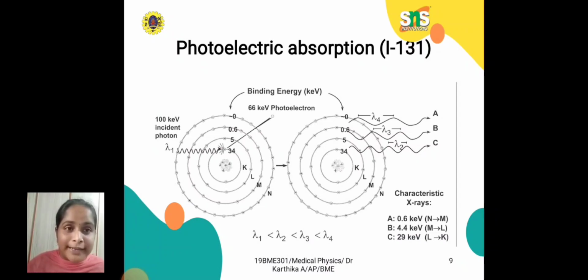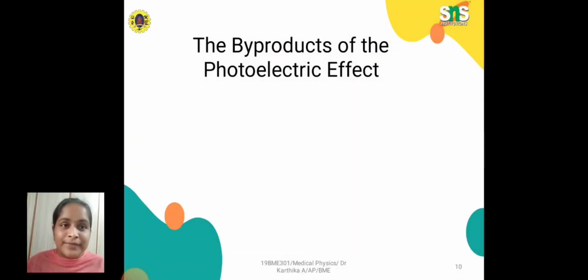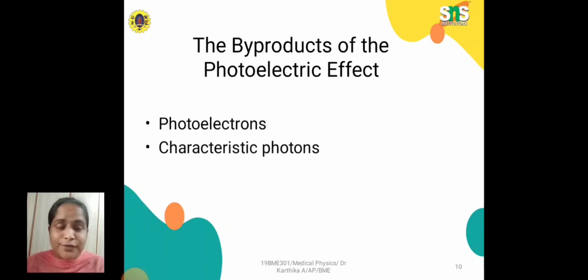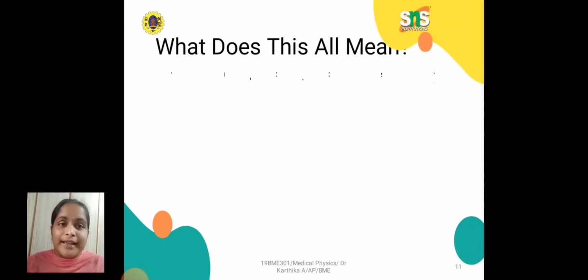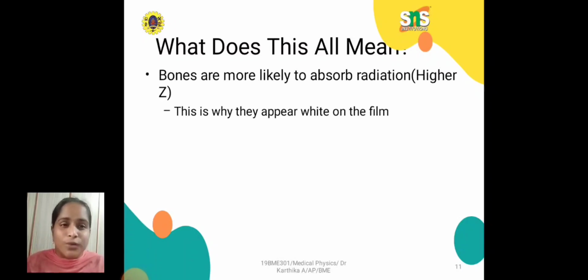It shows the binding energy, and here we classify the characteristic X-rays. The byproducts of the photoelectric effect, we know, are photoelectrons and characteristic photons.